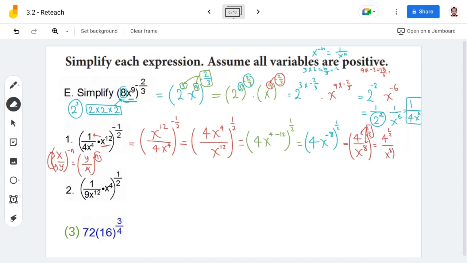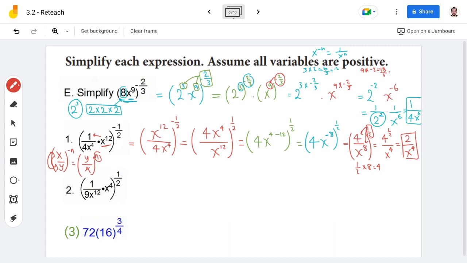Now if we multiply, half times 8 is equal to 4. So now the answer is 4 to the power of half over x to the power of 4. This is the simplest form that we can reach.